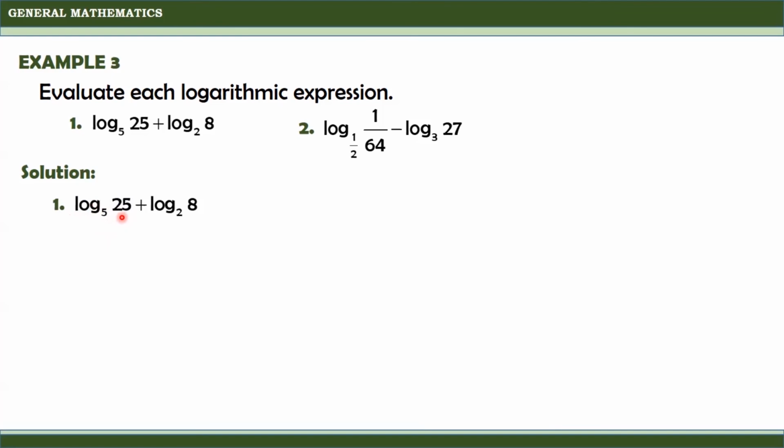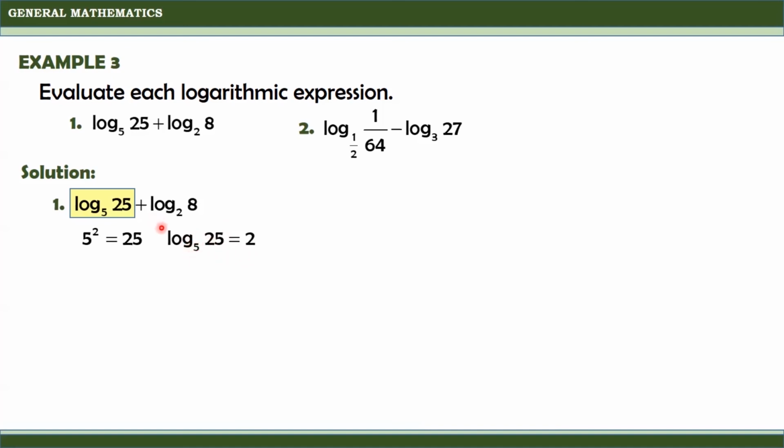With that, you may recall that 5 raised to 2 is actually equal to 25. Therefore, this would imply that logarithm of 25 to the base 5 is actually equal to 2. It means that for us to have 25, the base 5 should have an exponent of 2.